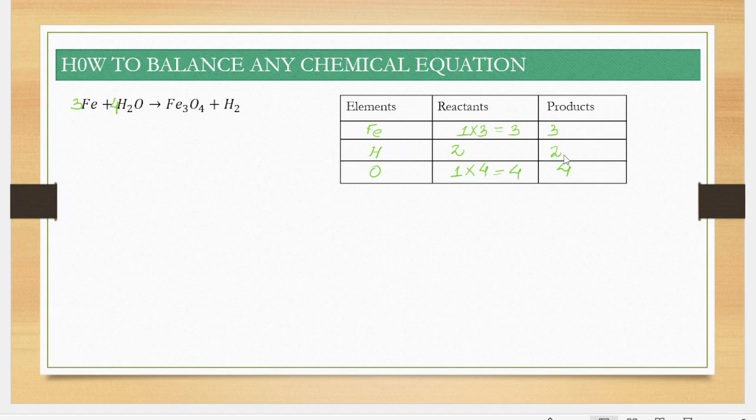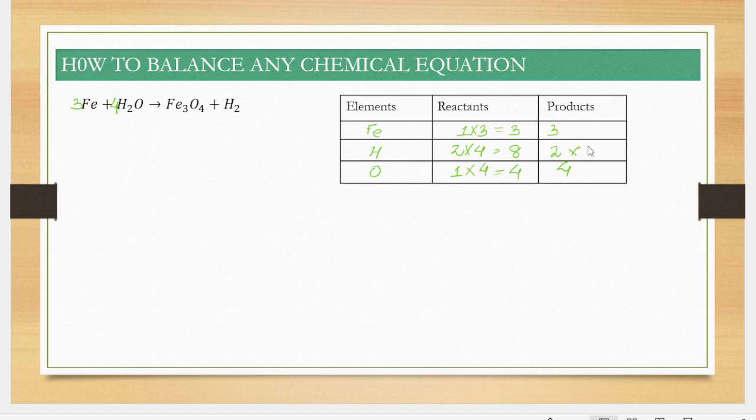Hydrogen was 2 on both sides earlier. Now if you multiply 4 with 2, hydrogen has become 8 on the left hand side, but on the right hand side hydrogen is 2. Now to balance it we have to make 8 on both sides, so we'll multiply hydrogen with 4.